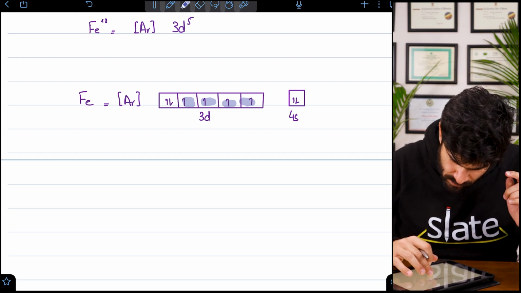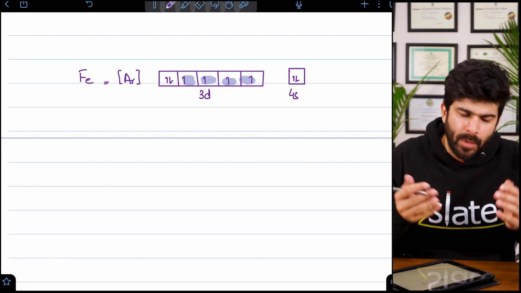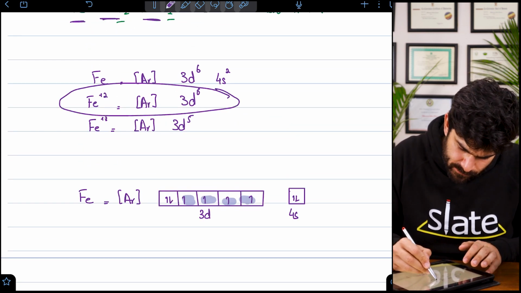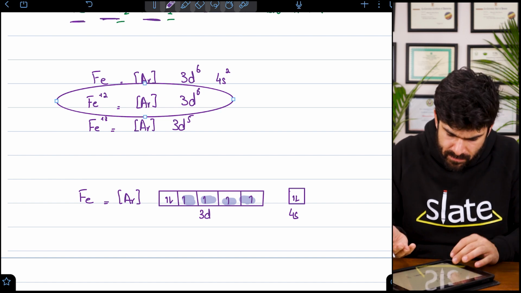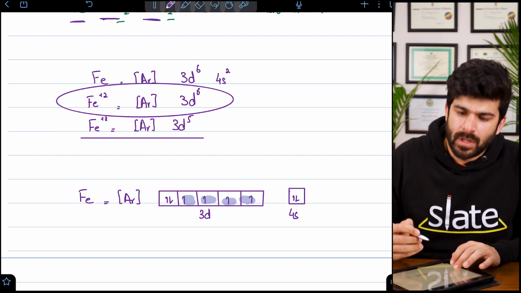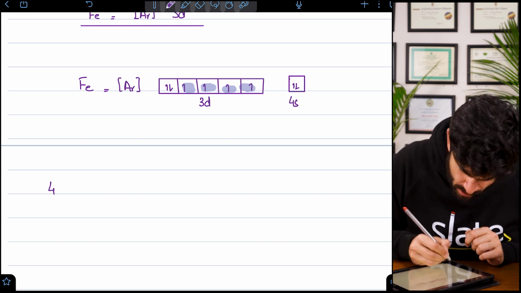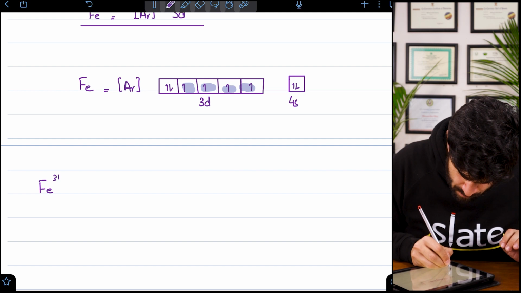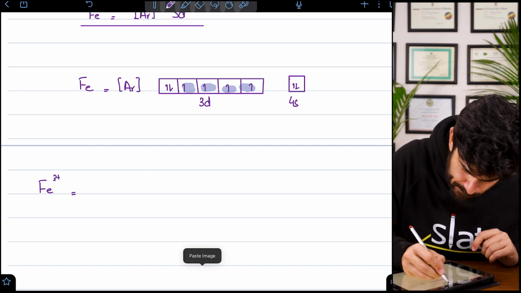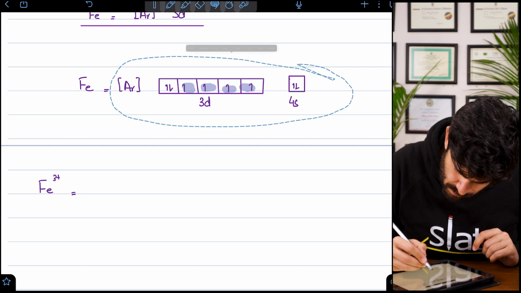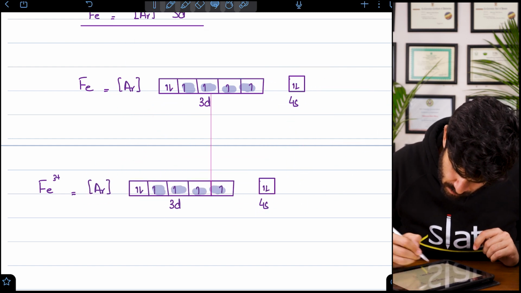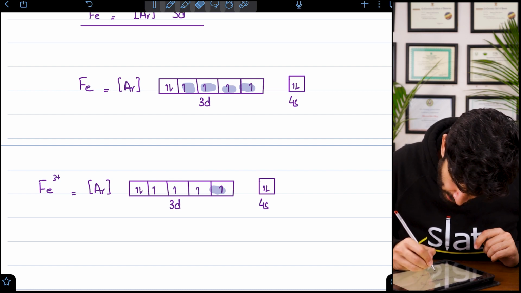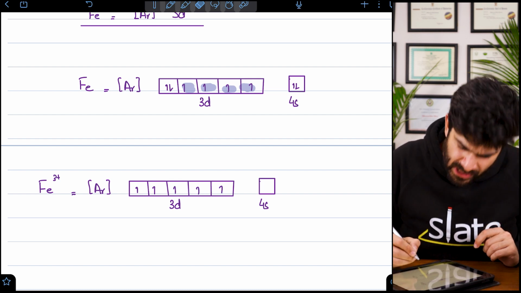So students, for that purpose, let's talk about the iron 2 ion, because we have an iron 2 ion here, or iron 3, say. They're the same. Why are they the same? If we have iron 3, that is what we definitely have, students. For iron 3, even these electrons are gone.